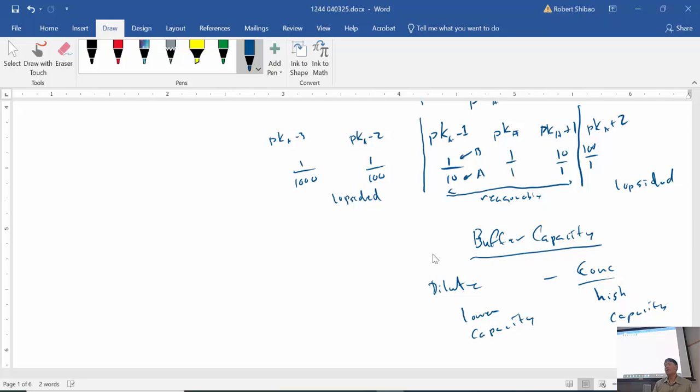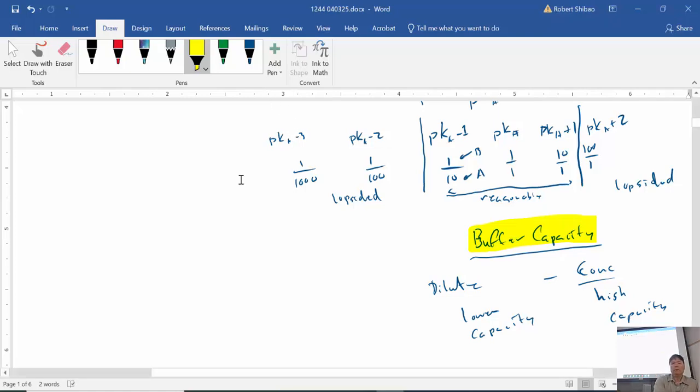And it'll be the same pH because it just depends on the ratio. So if you buy a pH 7 buffer, you don't know what the capacity is. It could be a high capacity buffer or a low capacity buffer. So buffer capacity is important here.